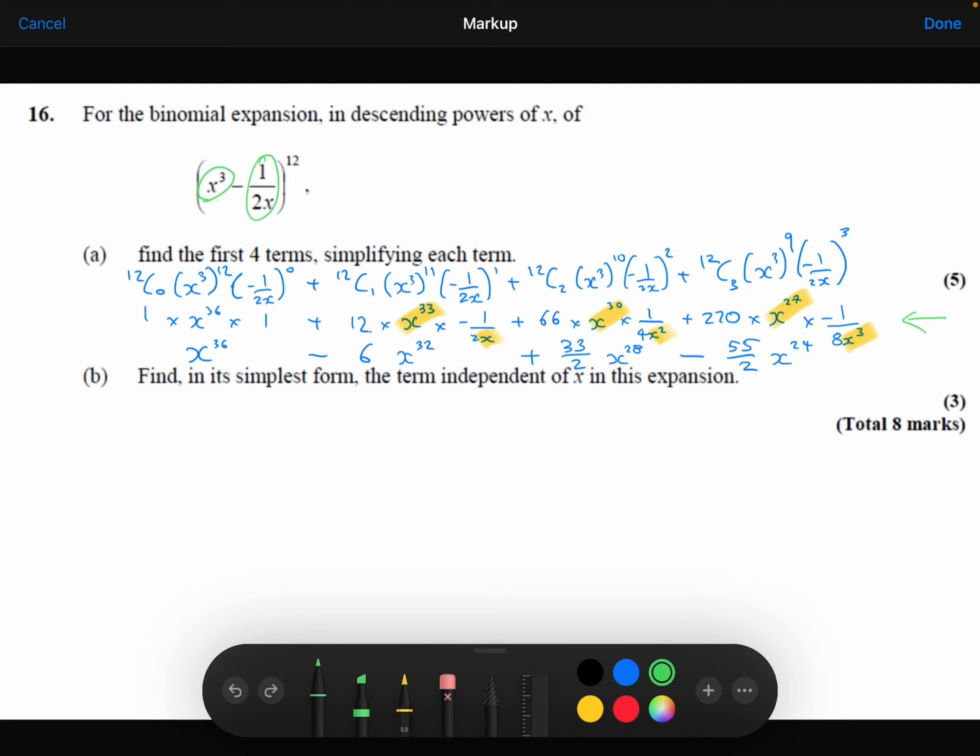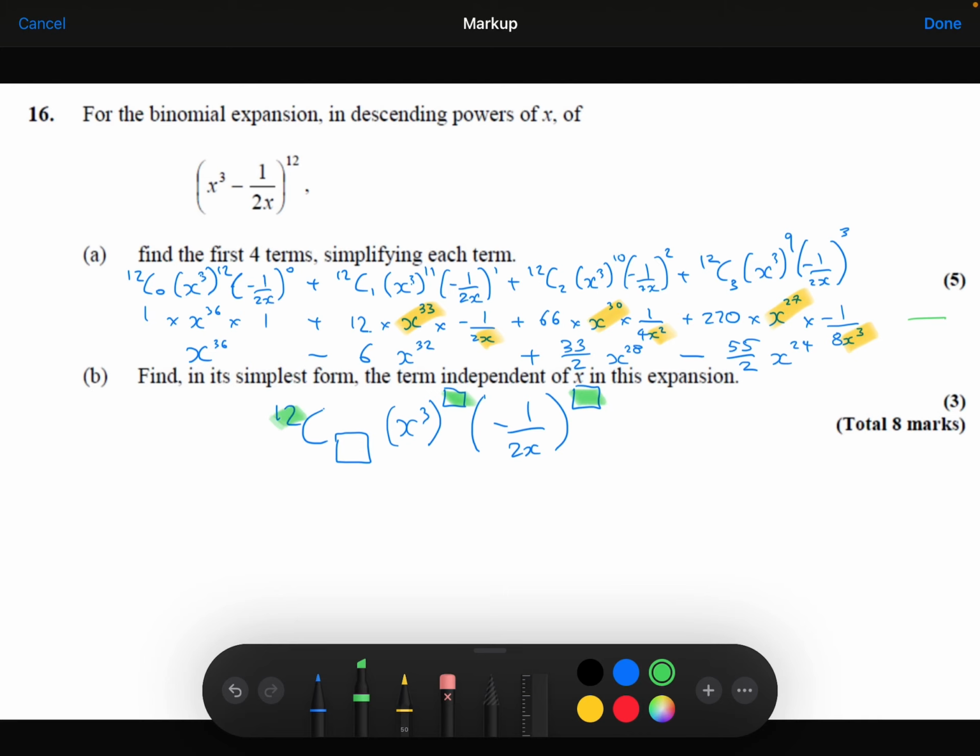So there will have to be a term that is something like this: 12c something, (x cubed) to the power something, multiplied by (minus 1 over 2x) to the power something. Now I know that these two numbers here would have to add up to 12.